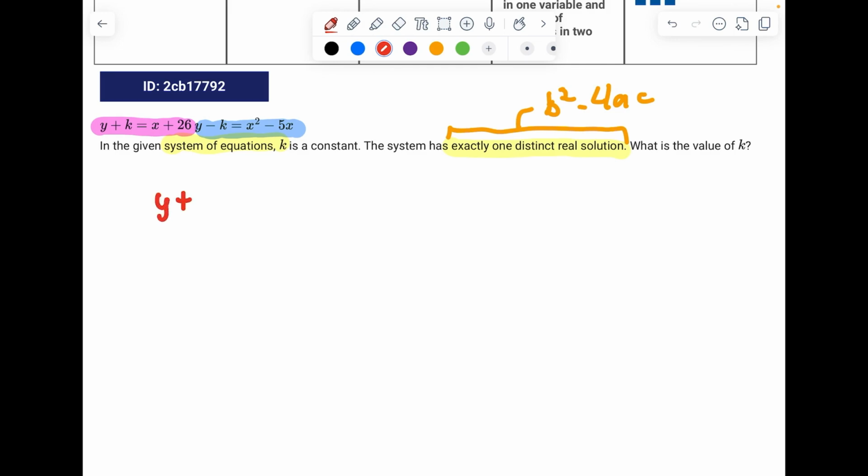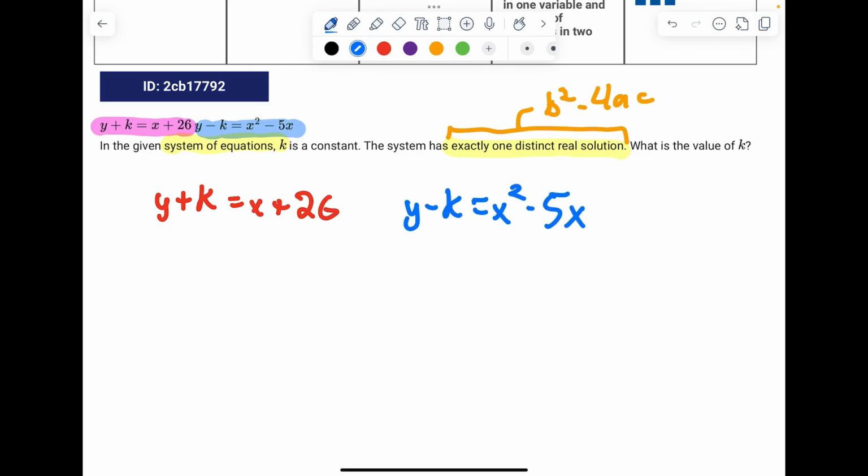So we're going to take y plus k equals x plus 26, and we're going to look at y minus k equals x squared minus 5x. We're going to get y by itself on both sides. In this case, I subtract k, and I get y equals x plus 26 minus k.